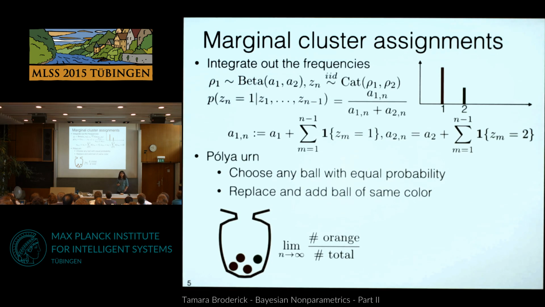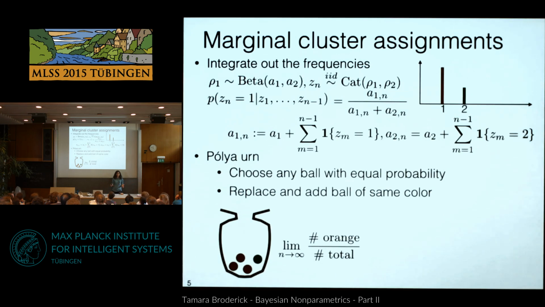Let me go over it again. What we did was we started off with this general model where we said rho 1 is beta distributed. And then what we could have done is draw Z1, Z2, Z3, Z4, everything, independent and identically distributed conditional on rho 1 and rho 2.